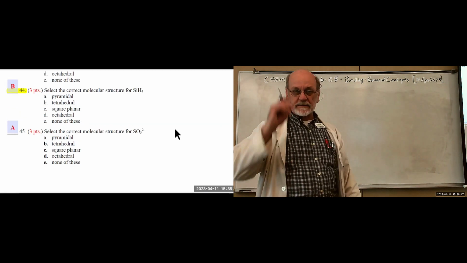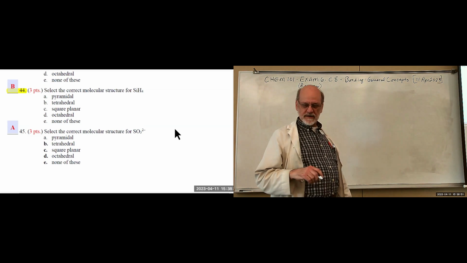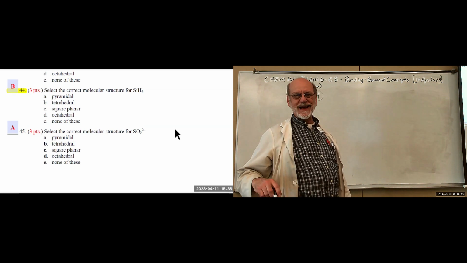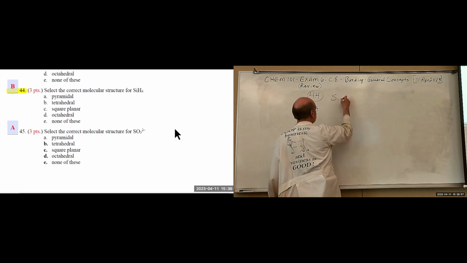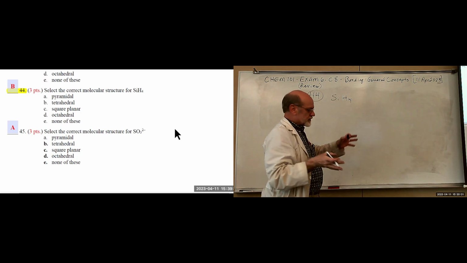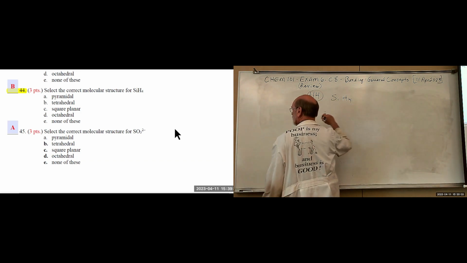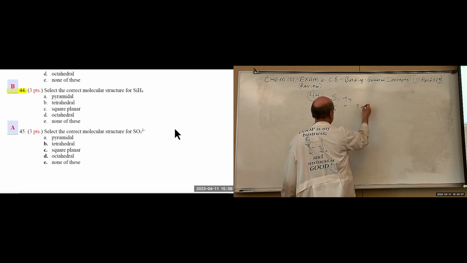Number 44. Select the correct molecular structure of silicon tetrahydride. Okay. So, Lewis dot structure. Silicon is with carbon, so it's got 4, that's got 4, so we have 8 electrons.